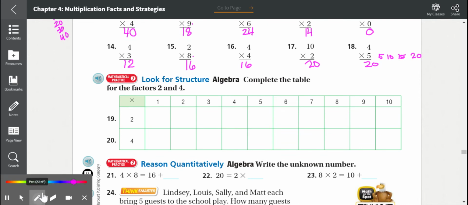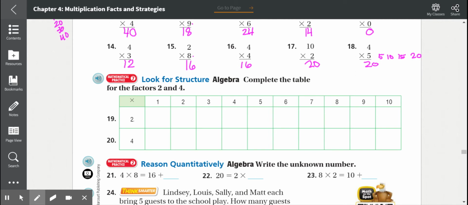Let's move on to completing the table here. So what we're doing here is we're going to times by 2 and then times by 4. So it's going to be like 2 times 1, 2 times 2, 2 times 3, 2 times 4, all the way to 2 times 10. So what would be 2 times 1?